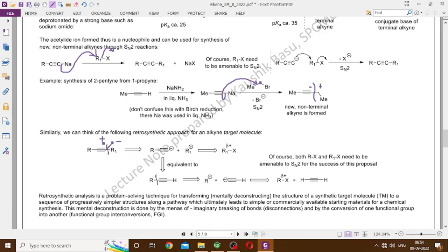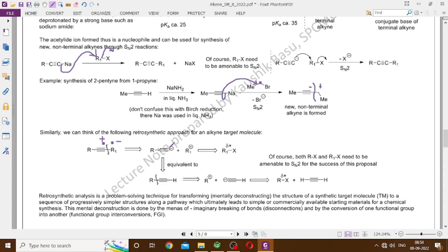Because on an sp hybridized carbon, why should you put a positive charge? It likes negative charge. So put a negative charge there. You don't have to put a positive charge here and make life difficult for yourself, because finding a reagent which corresponds to an alkyne carbon which is actually electrophilic in nature is going to be really tough. So you don't do that.